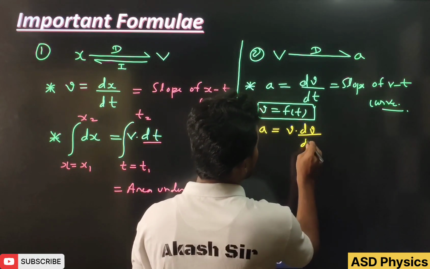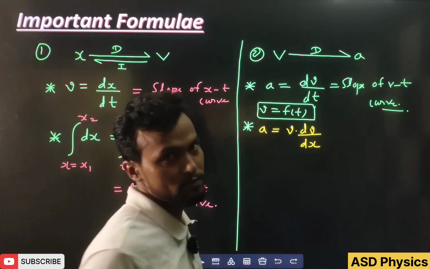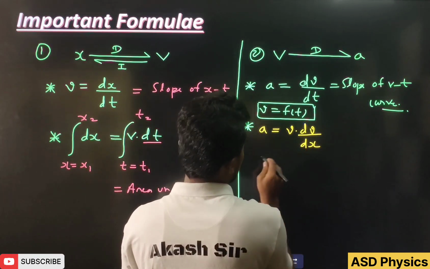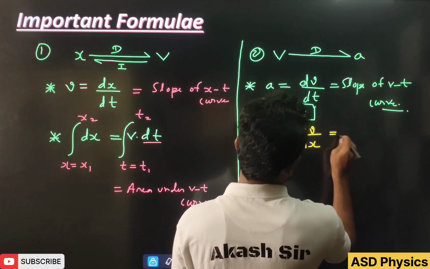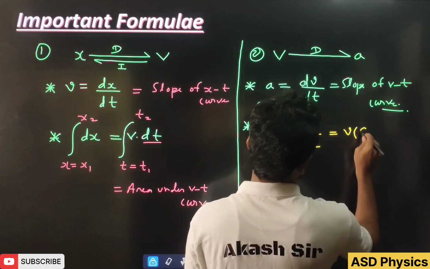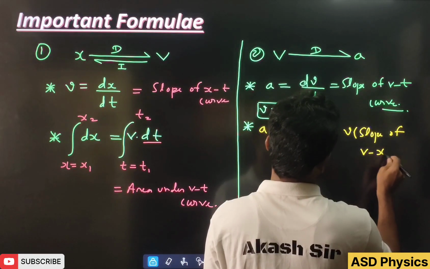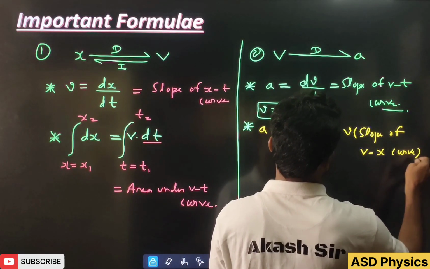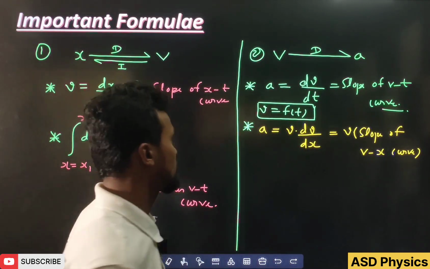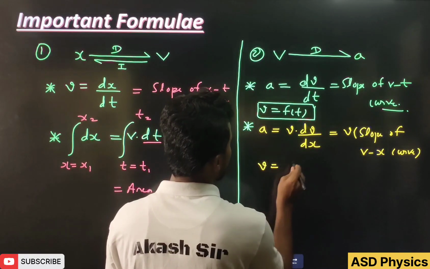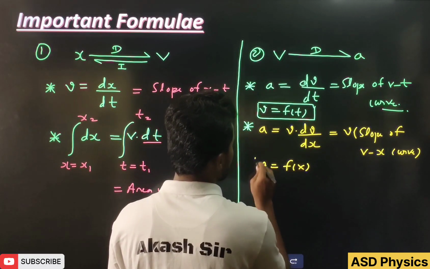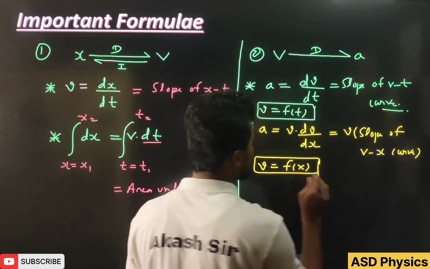By default I am taking v into dv by dx. In this situation we can write v into the slope of the vx curve, and the velocity should be a function of the position.